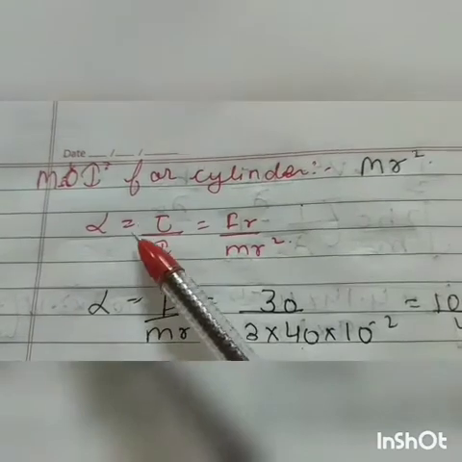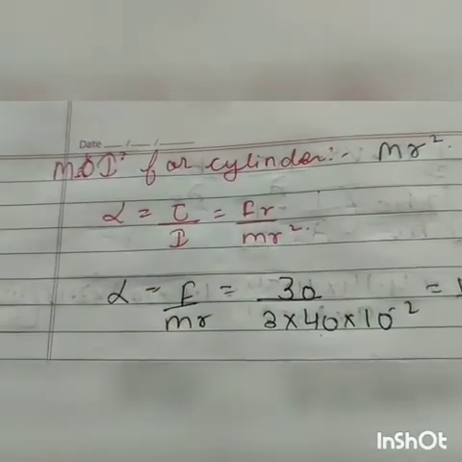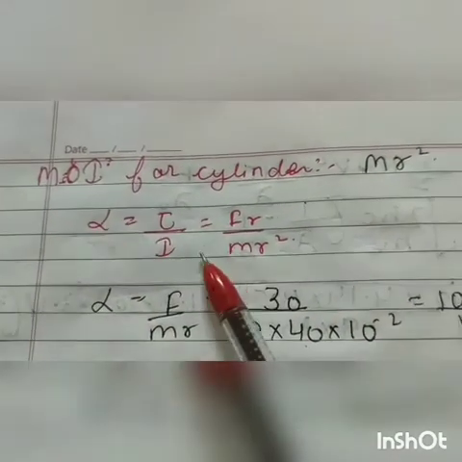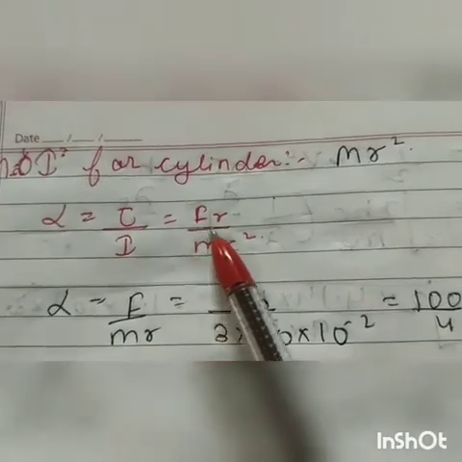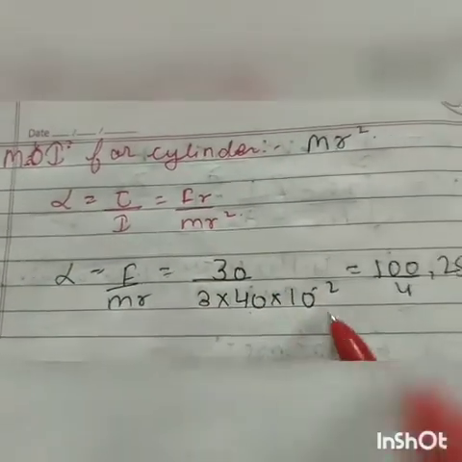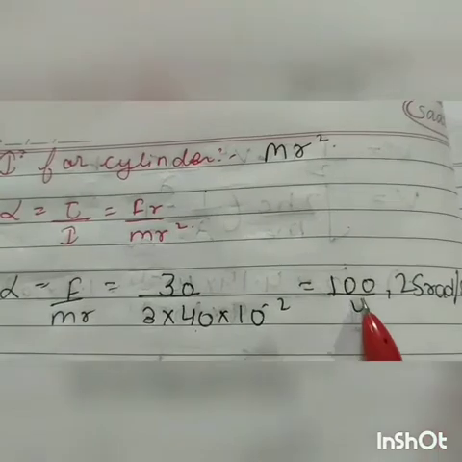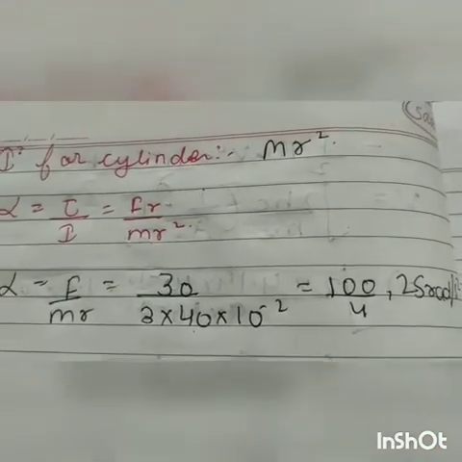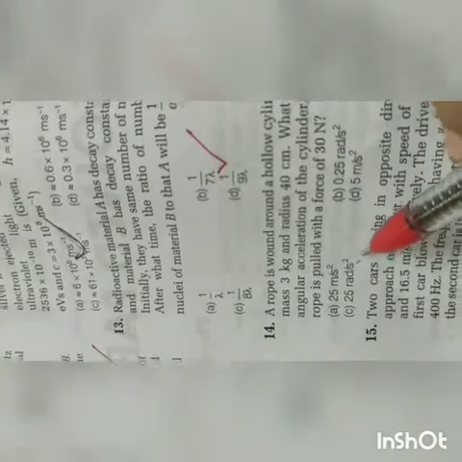So here α will be torque by I, that is Fr/mr². So we'll just put the values and get 100/4, that is 25 radian per second square. So here is our correct option, 25 radian per second square.